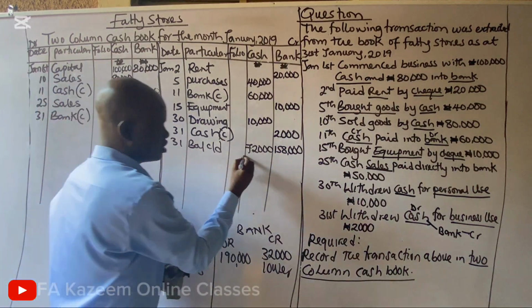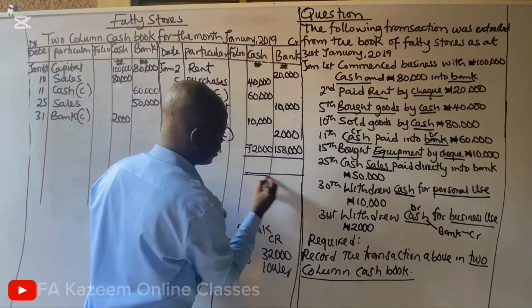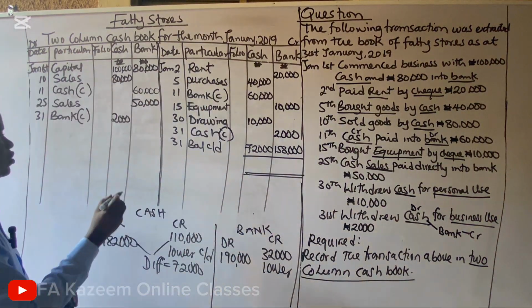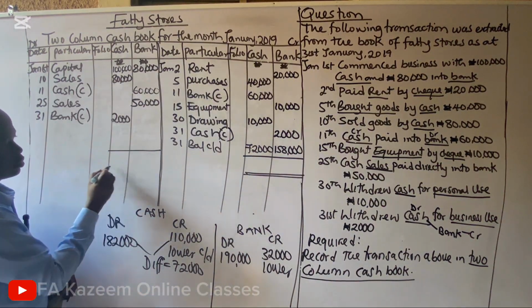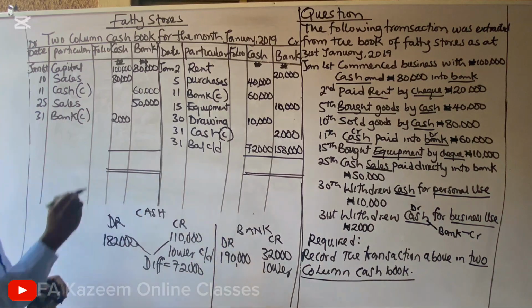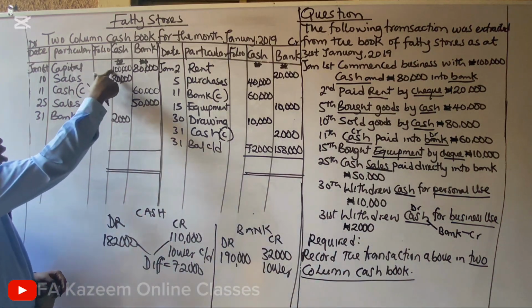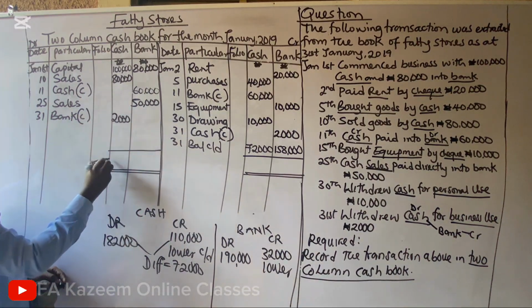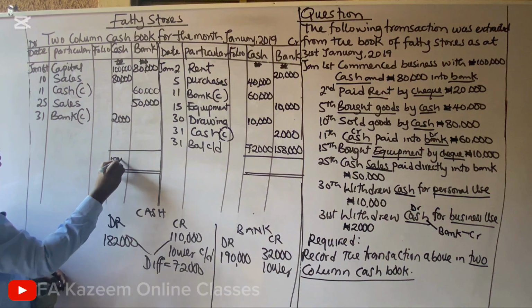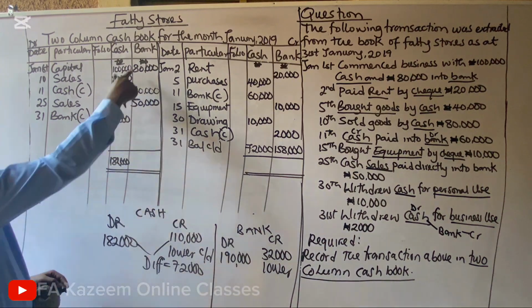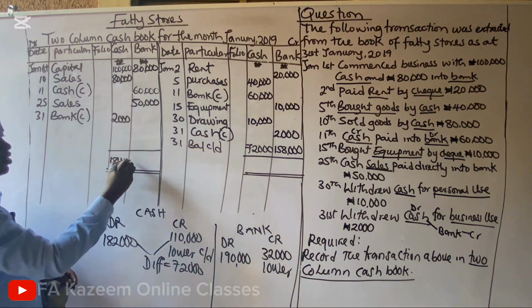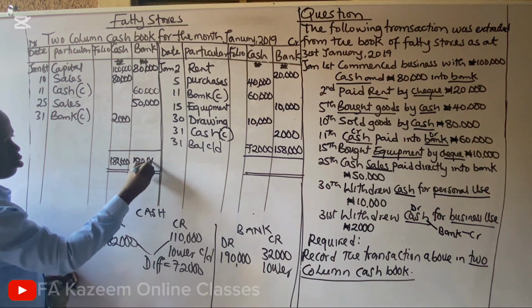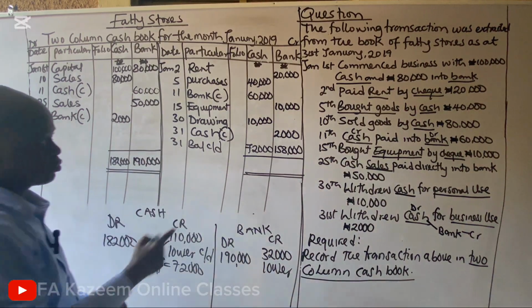For the month of January, account close. How do we close the account? 100 plus 80 plus 2, that's 182. 80 plus 60 plus 50, 190.